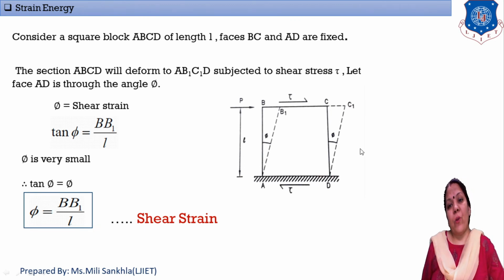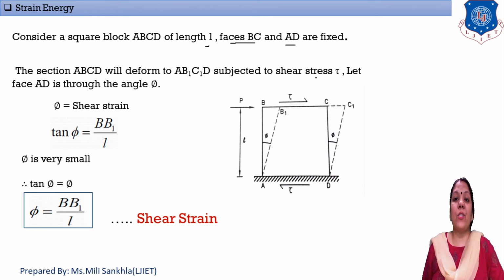Consider a square block ABCD, and the length of this block is L. Edge AD is fixed and edge BC is free. Section ABCD is deformed to AB1C1D due to this load P and shear stress tau.